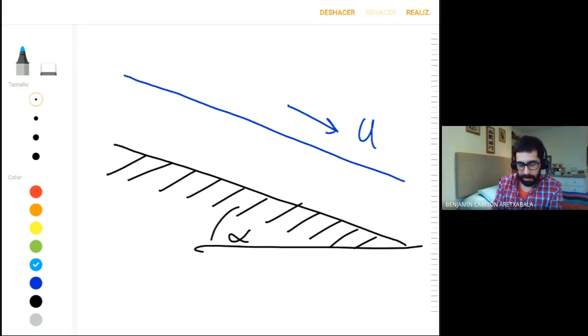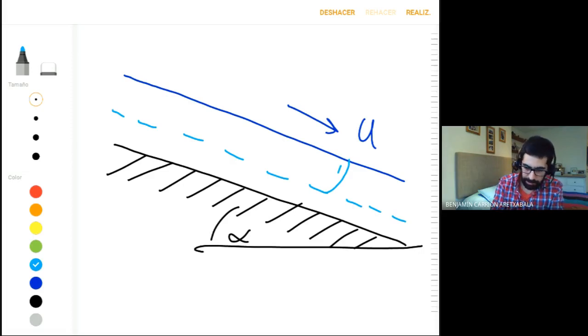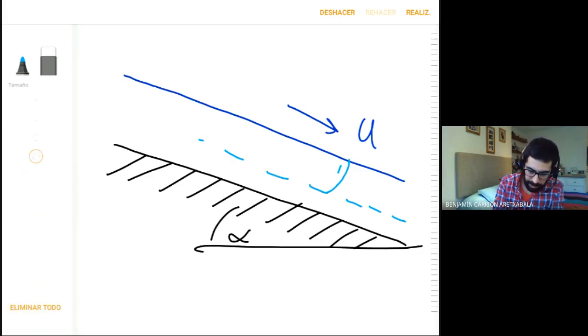So what's going to happen? This is really just a schematic. What's going to happen is that the water is going to flow more or less with a uniform velocity profile. Let me do this better.